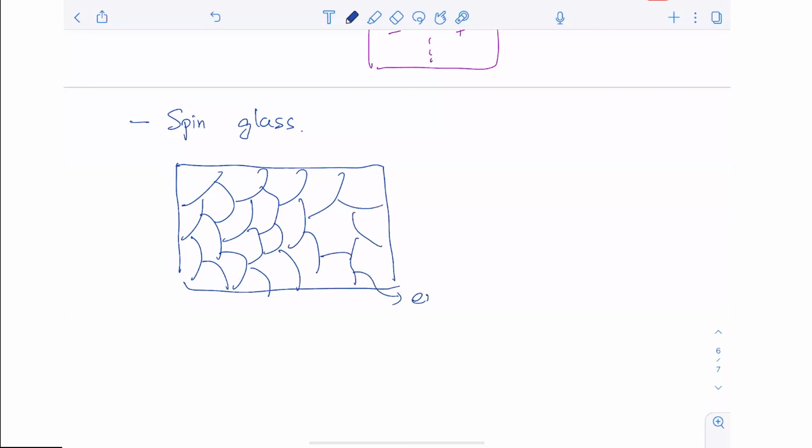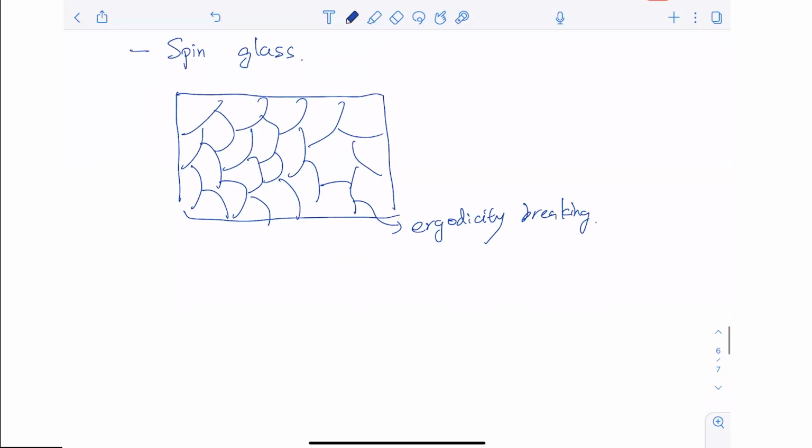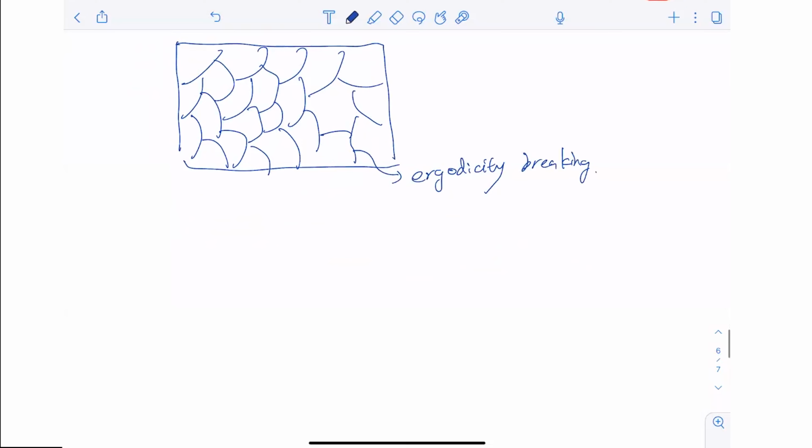So all these lines represent ergodicity breaking. And of course, it does not really break in this specific pattern. I just want to tell you the idea that you will become a bunch of patches in your phase space. And how to characterize this kind of symmetry breaking behavior basically leads to the Nobel Prize of last year. Okay.